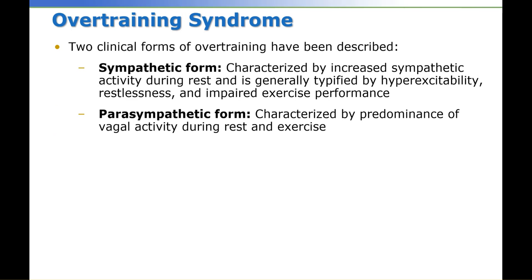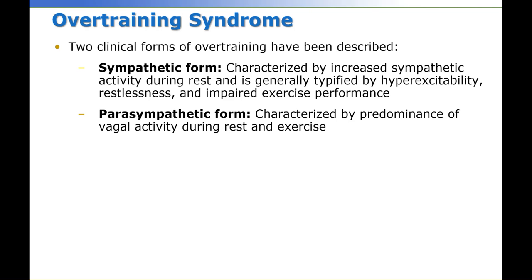Overtraining syndrome. You can have a sympathetic form, which is sympathetic hyperexcitability: restlessness and impaired exercise performance.